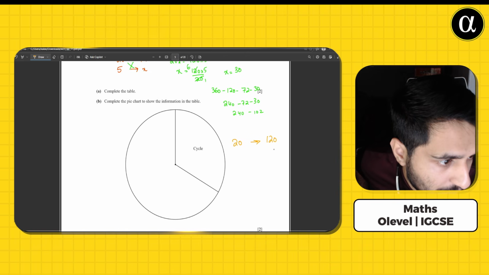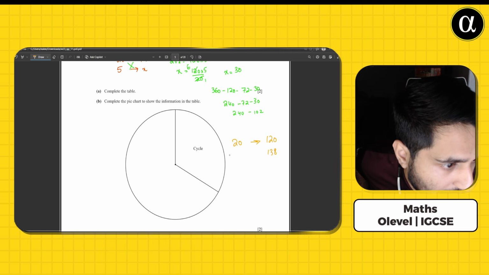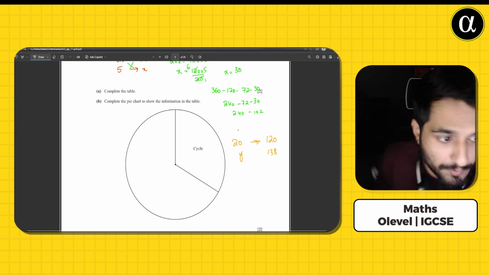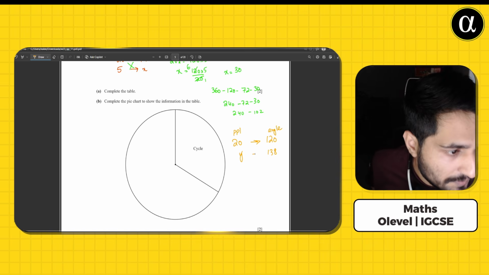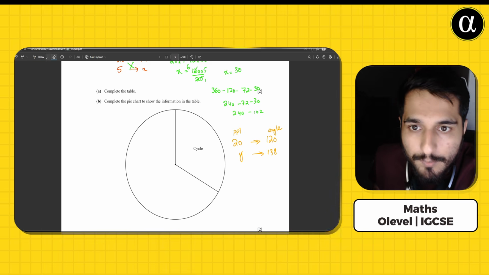For this case, we have the angle which is 138, and we're supposed to find the missing number. So we say people and then angle, and we just cross multiply for this case as well.